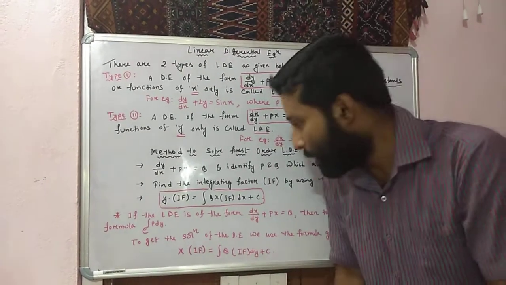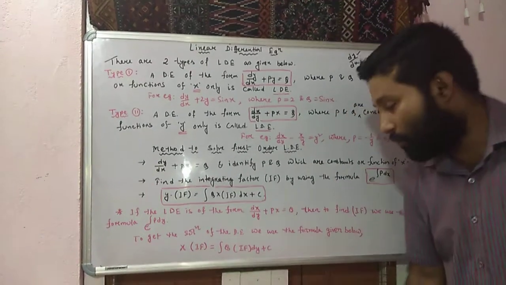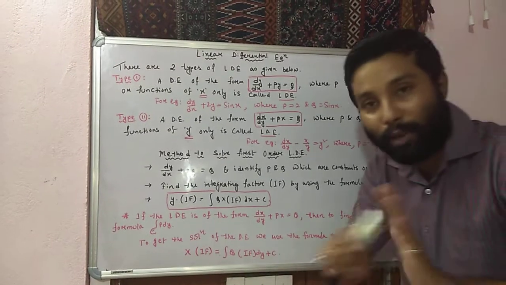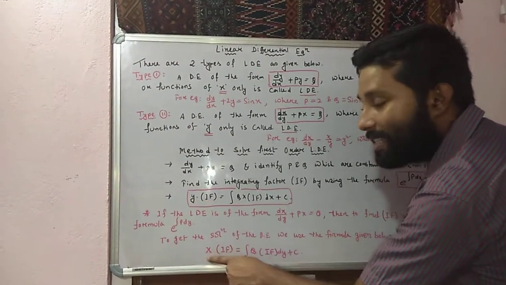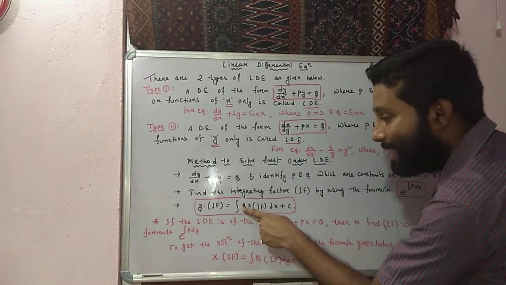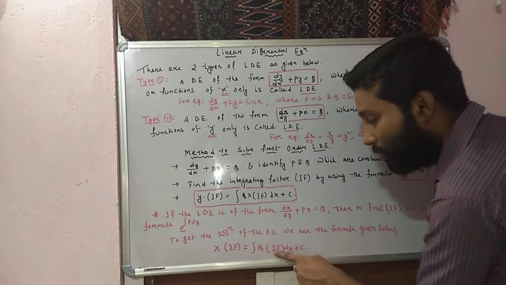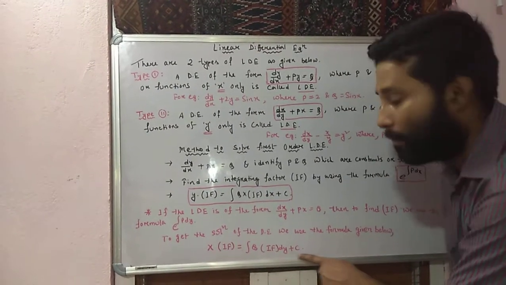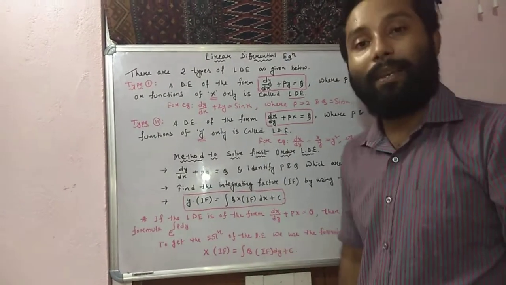And at last to get the solution of the linear differential equation we use this formula. No problem. Here I am using y into integrating factor. In this case you have to use x into integrating factor, which is equal to integration q into integrating factor dy plus c. That's it. Just interchange if the second type comes.